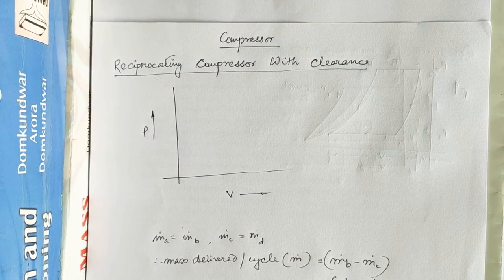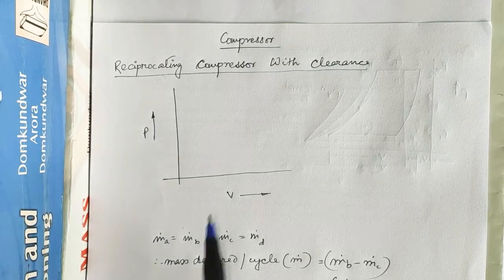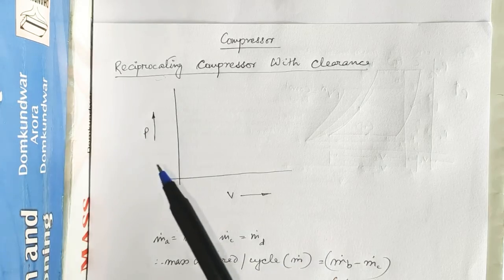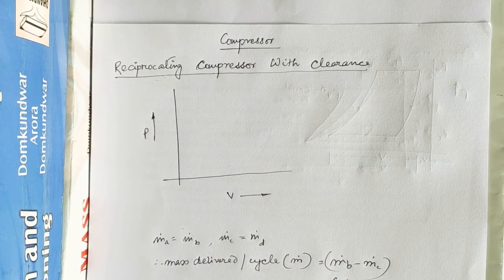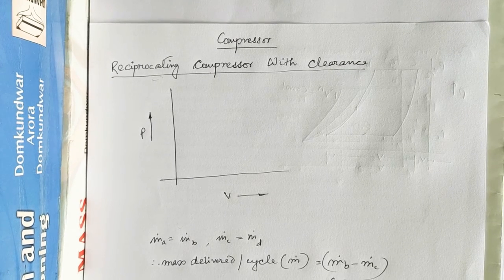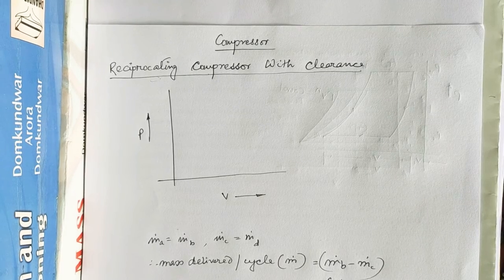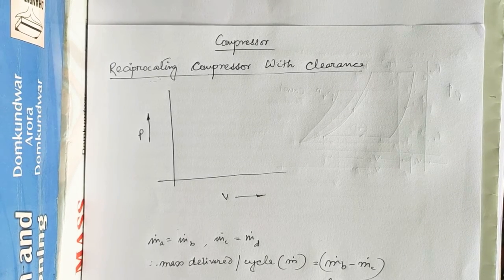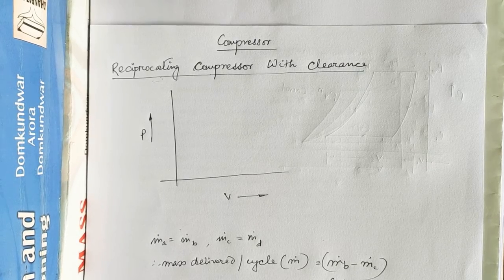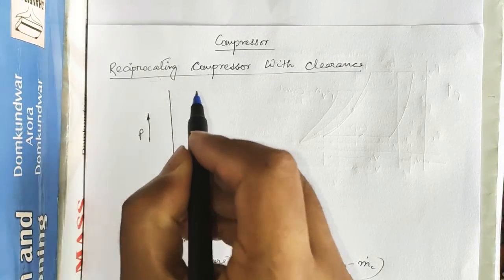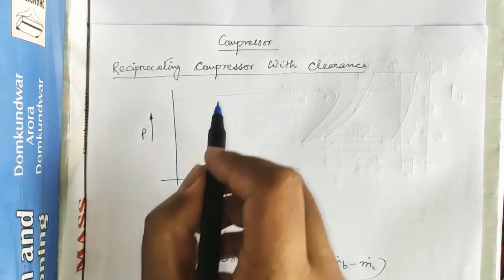So clearance is very much necessary for a compressor to give mechanical freedom to the working parts, that is valves or ports, and allow the necessary space for valve operation. So if we draw the PV diagram for a single stage compressor with clearance volume, then first we consider that at the end of the delivery stroke, we draw the delivery line like this, which is a constant pressure line.